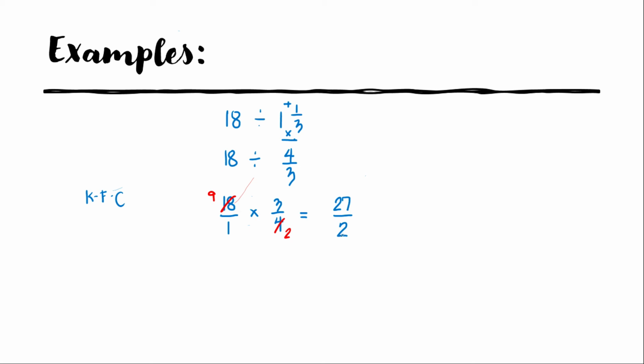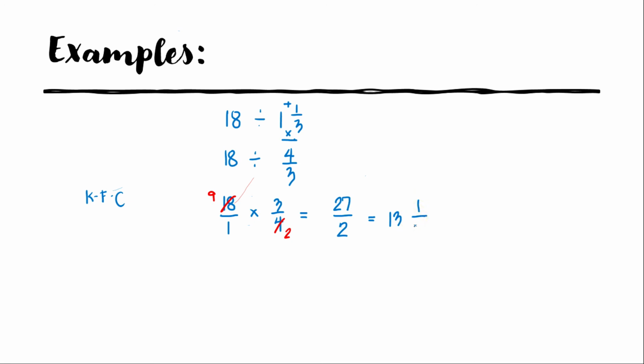We can actually change it into mixed number by division and subtraction. So kanina, from mixed number to improper fraction, multiply, add. Ngayon, let's have divide and subtract. 27 divided by 2 is 13. And 13 times 2, that is 26. So, 27 minus 26 is 1. That is our numerator.